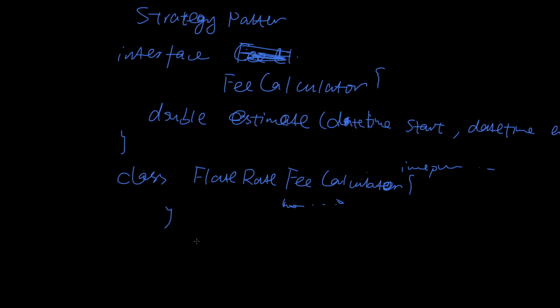And you can also have more advanced ones, like the tiered rate fee calculator. What this does differently is that the first 30 minutes will charge you a higher rate, the next 30 minutes a lower one, and the next hour an even lower one.